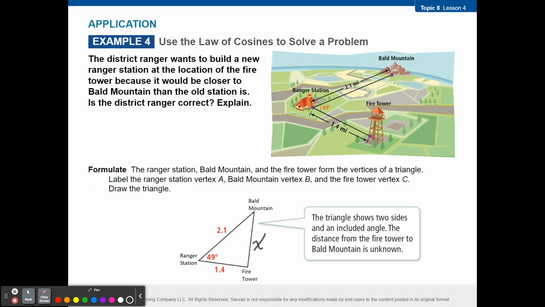Okay. So when I look at this, I'm going to have x squared equals 2.1 squared plus 1.4 squared minus 2 times 2.1 times 1.4 times the cosine of 49 degrees. Someone tell me, what is that distance between Bald Mountain and Fire Tower?